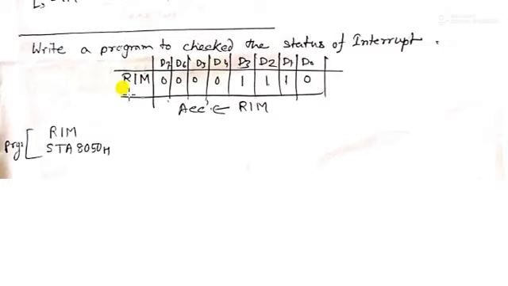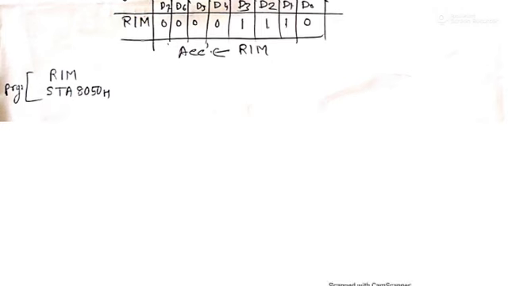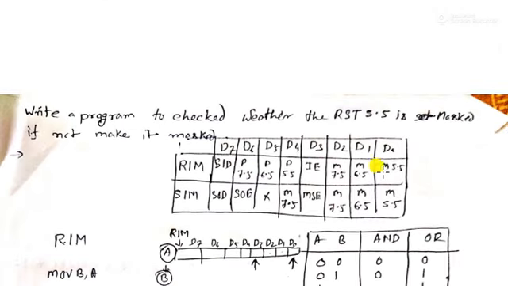So at that time he or she uses the RIM instruction. The RIM instruction frame format is that one: M5.5, M6.5, M7.5, that is masks or unmasks for 5.5, 6.5, 7.5. Interrupt enable, I discussed in the previous class. Pending interrupts 5.5, 6.5, 7.5, and SID, serial input data.